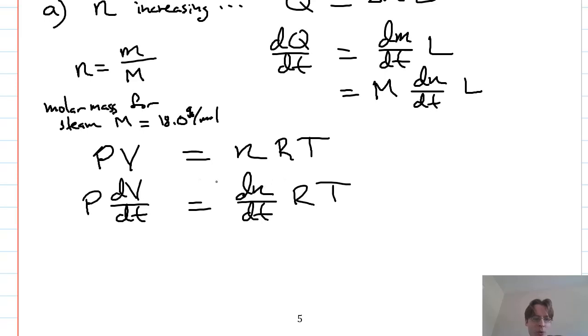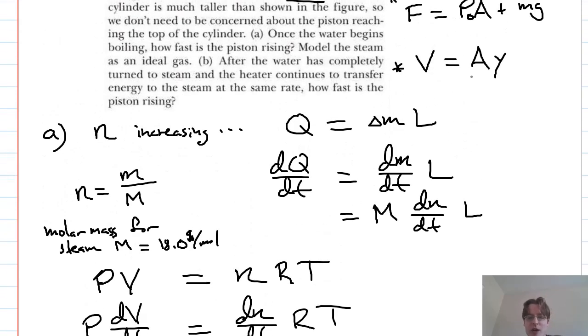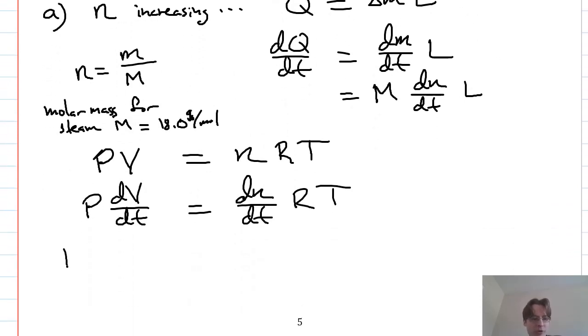Okay, now we're on our way, because dV dt is just area times the velocity. So this is pressure times area times the velocity of the piston's rising. I'm calling it U, because I don't want to write V, it looks like volume. And then on the right side, I have dn dt, which is known from how much heat's flowing in.